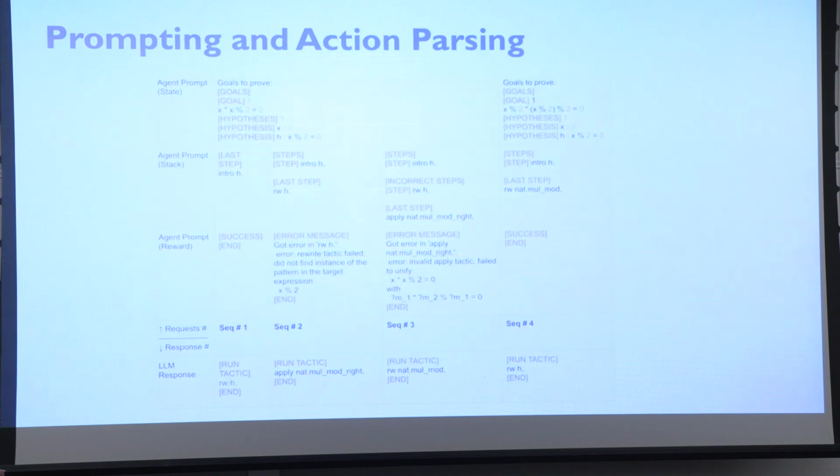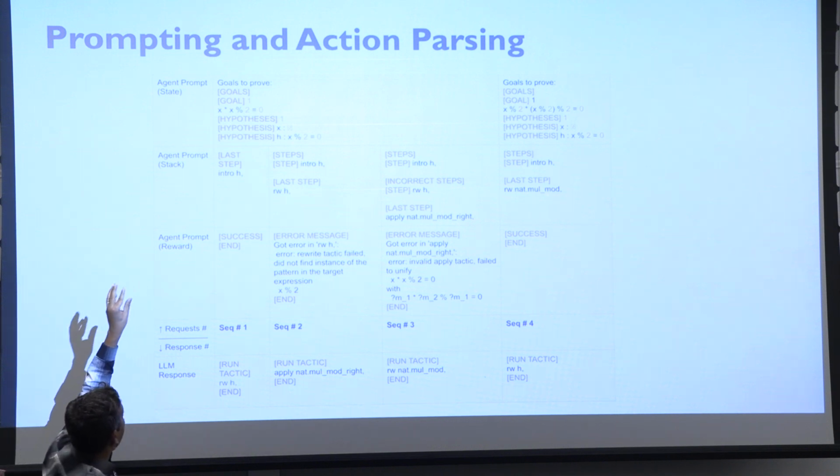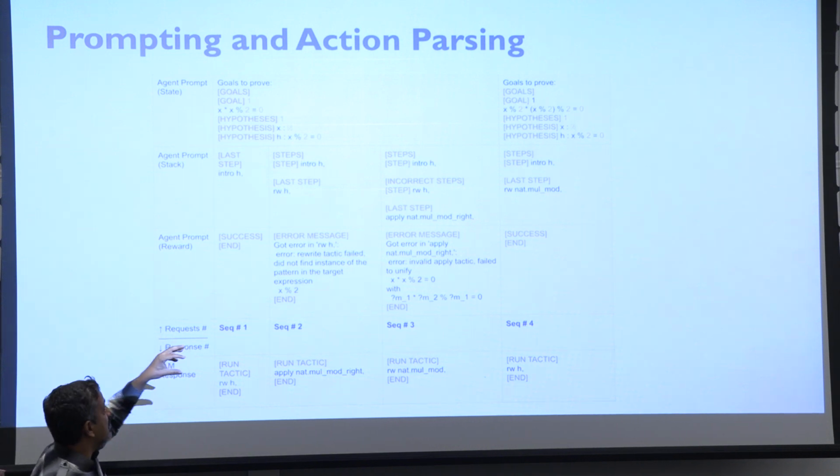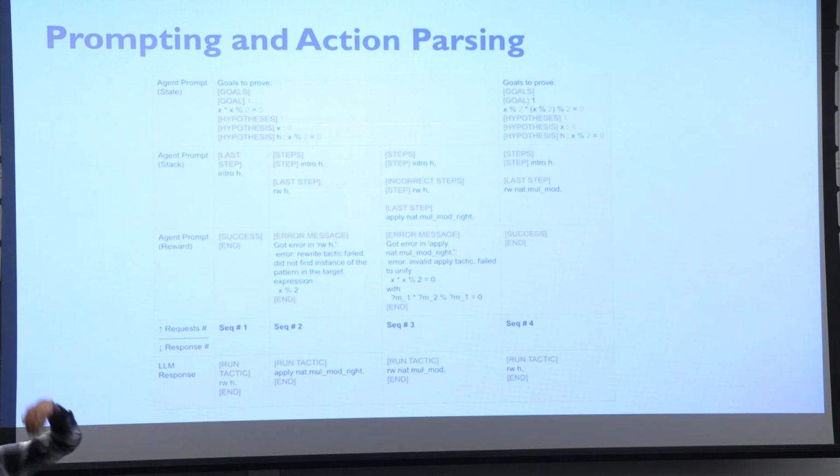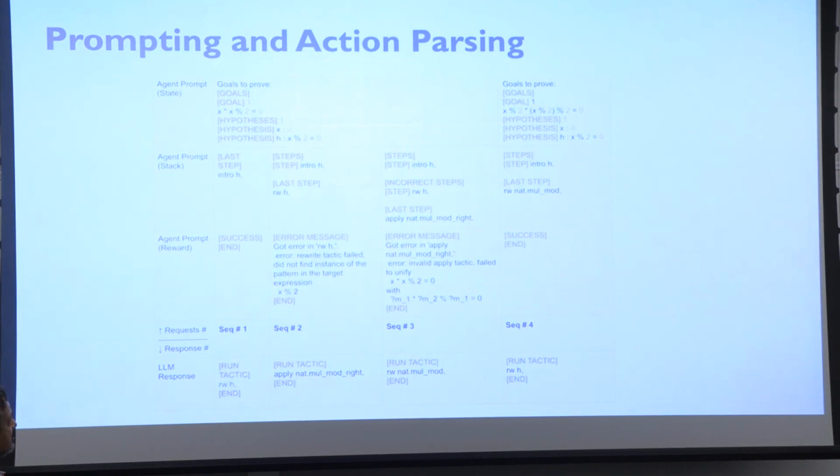Now there are details over here, such as how do you actually set up the prompts. This is kind of what it looks like. So the prompt includes a serialization of the current state. It includes a stack, which captures basically the history.